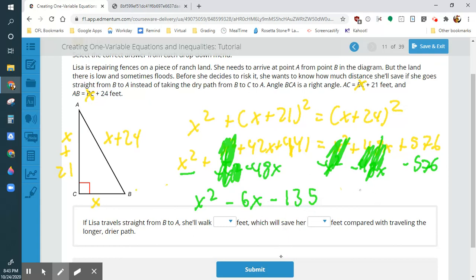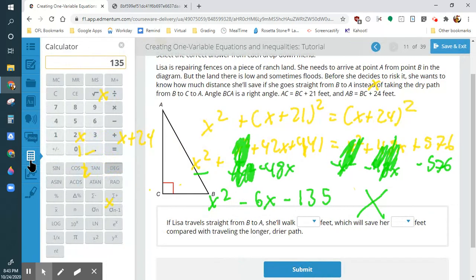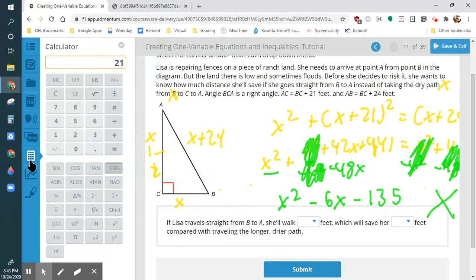So if we do this box method, I should have numbers. I'm starting to wonder why these aren't closer together. Let me double check my math here, guys. 21 times 21, 441.